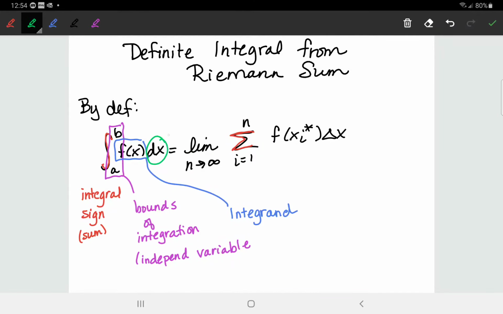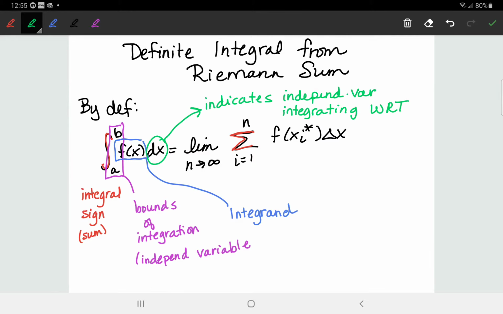And lastly, we have this dx, and dx indicates which the independent variable is. And it also tells us what we are integrating with respect to. So WRT is with respect to. So if there's a dx at the end of that definite integral, we are integrating with respect to x.